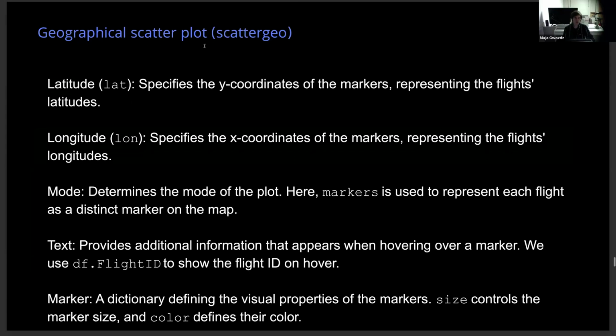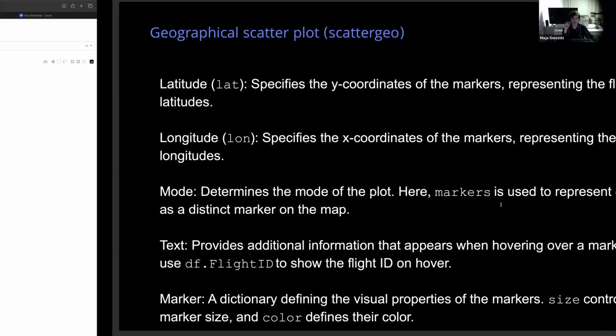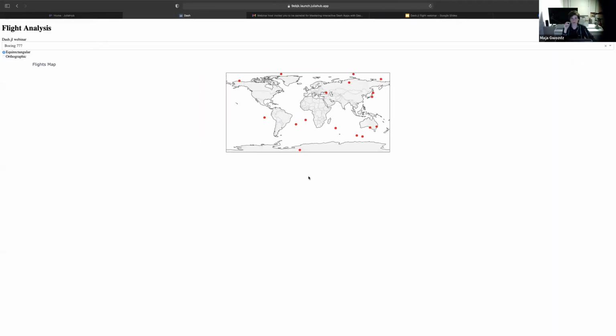We'll use a geographical scatter plot, as you already saw in the live demo. Basically, we need to somehow encode the position, so the easiest way to do it is to use y and x coordinates. The mode of the plot is how you want to represent your specific data point. In this case, it's called markers, so we statically represent each flight as a distinct marker, a distinct dot on this map.